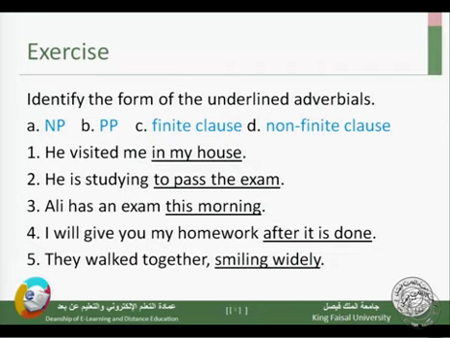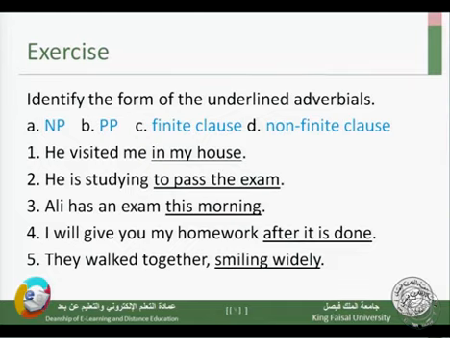Number 4, I will give you my homework after it is done. We have is, as we mentioned, a finite verb in this case. So after it is done gives us an idea about the time, and it is a clause, and we have a finite verb in the clause, so it is a finite clause. The correct choice for number 4 is C. Number 5, they walked together smiling widely. We have the verb plus ing, smiling widely.